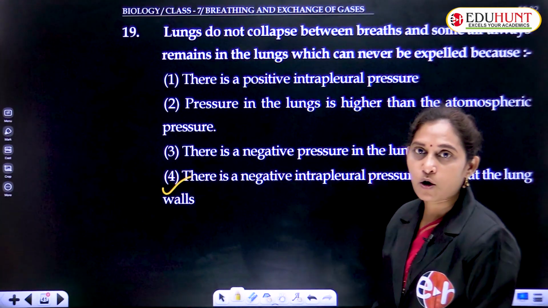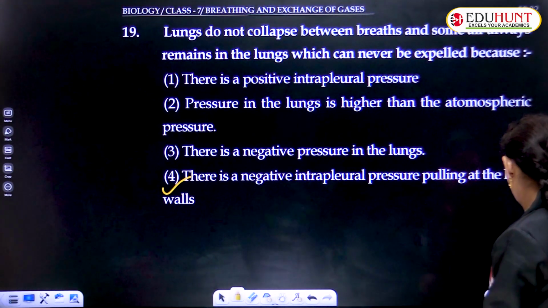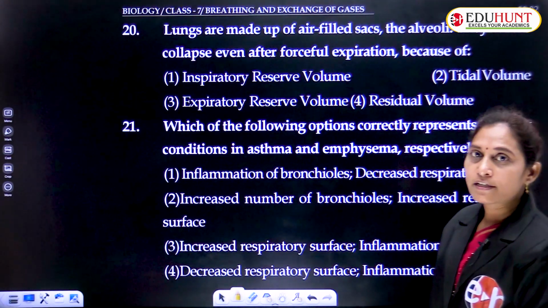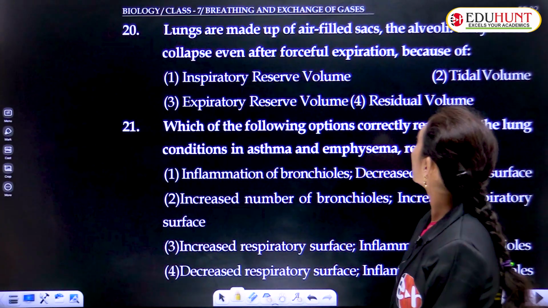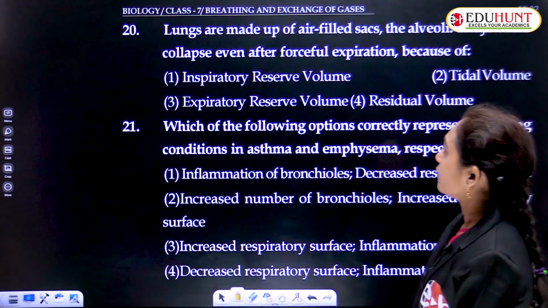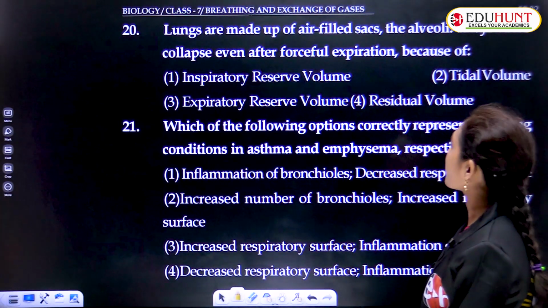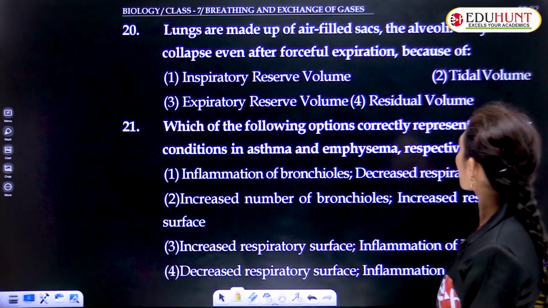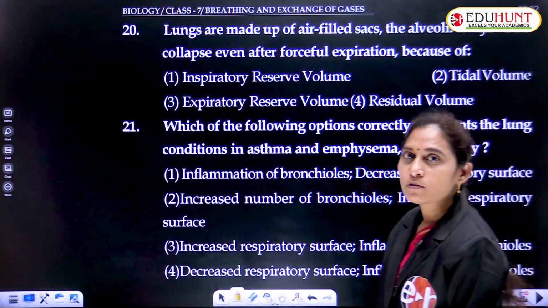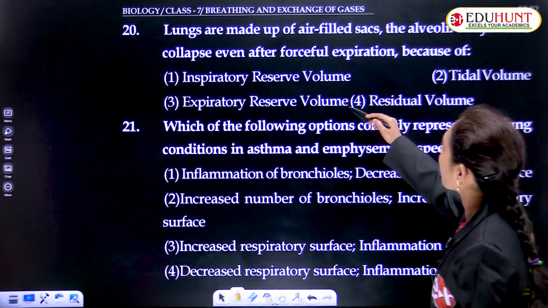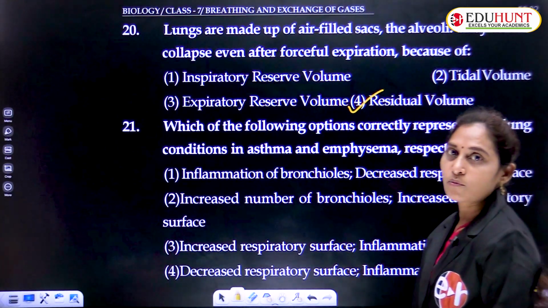This is the correct option. Lungs are made up of air-filled sacs, the alveoli. They do not collapse even after forceful expiration because of tidal volume, residual volume.